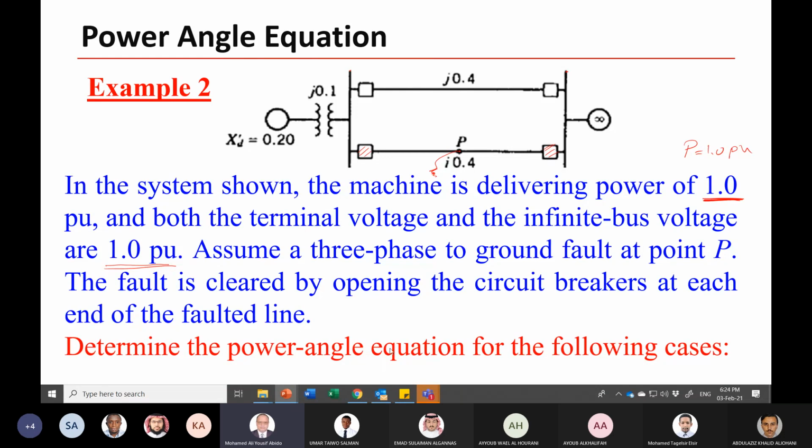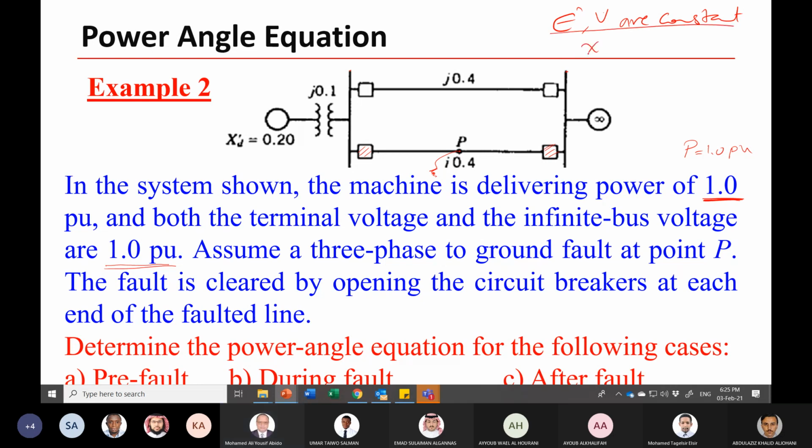Determine the power angle equation for the following cases: pre-fault, during fault, and after fault, in the three configurations. So in all cases E prime and V are constant, and the only variation is X12 to get the power.